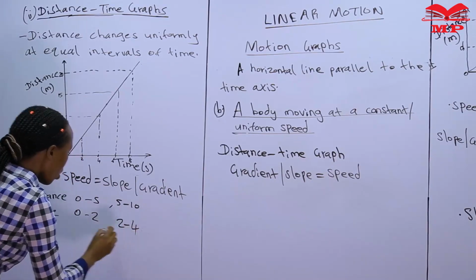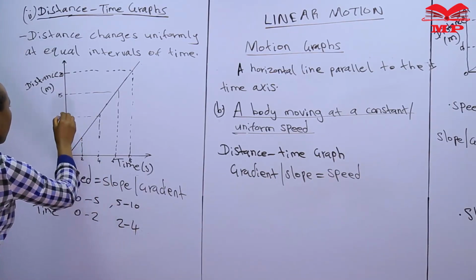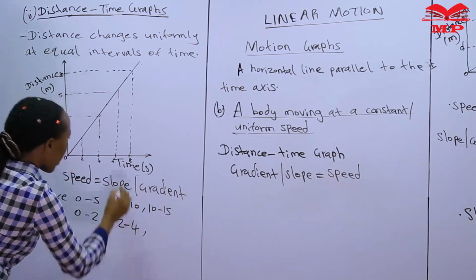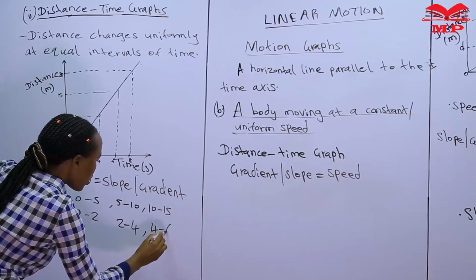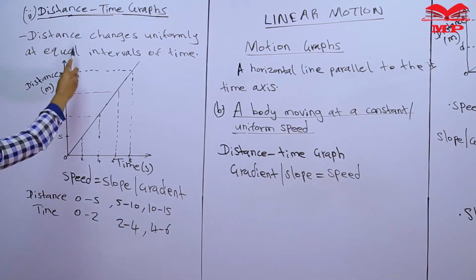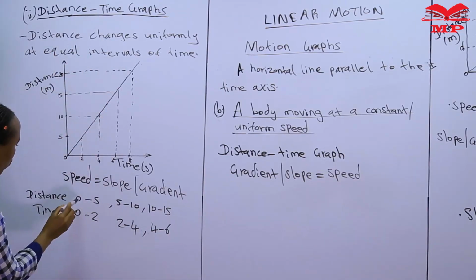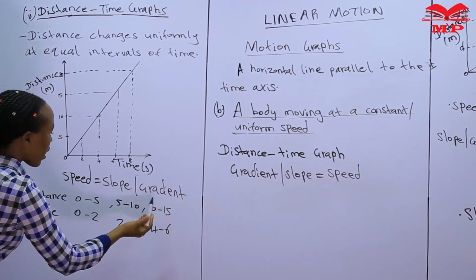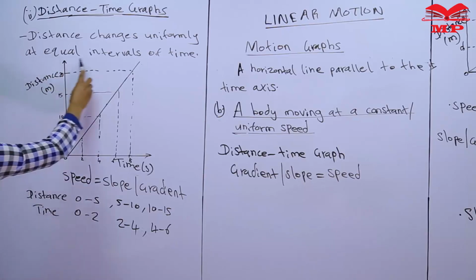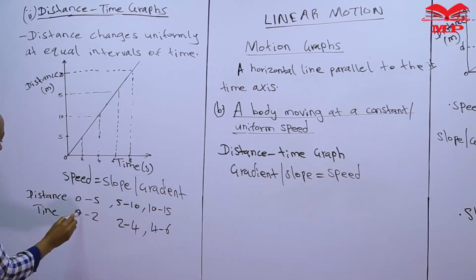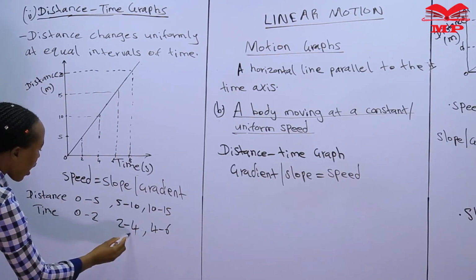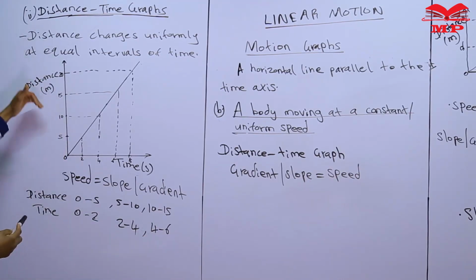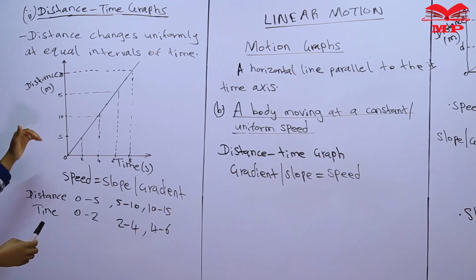Then from 10 to 15, and the time from 4 to 6. So the distance is changing uniformly, because 10 minus 5 is 5 and 15 minus 10 is 5, at equal intervals of time, where 4 minus 2 is 2 and 6 minus 4 is 2. So we say that this body is moving at a uniform speed.